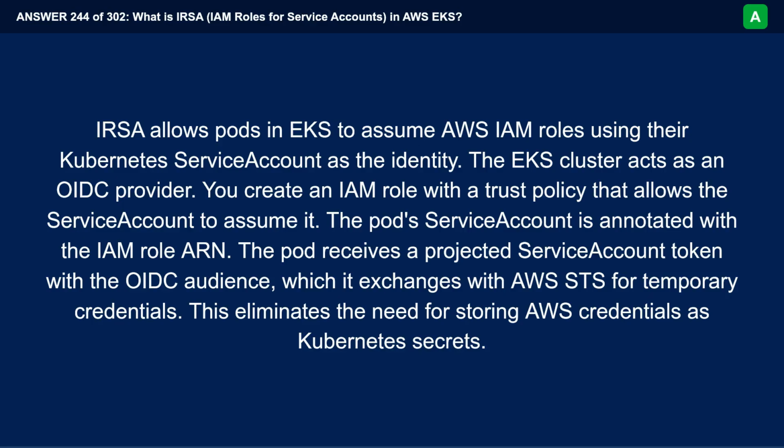The pod service account is annotated with the IAM role ARN. The pod receives a projected service account token with the OIDC audience, which it exchanges with AWS STS for temporary credentials. This eliminates the need for storing AWS credentials as Kubernetes secrets.